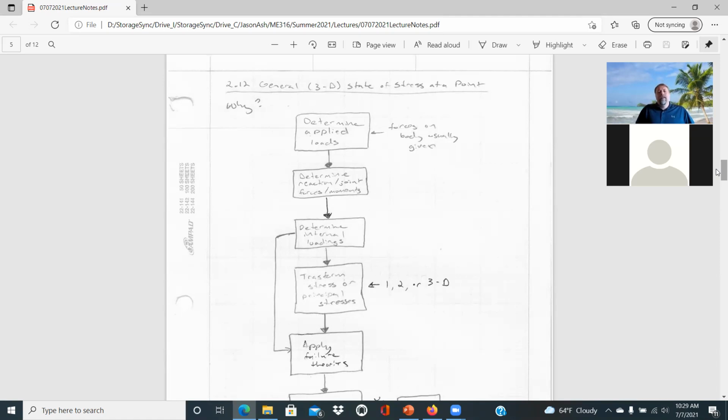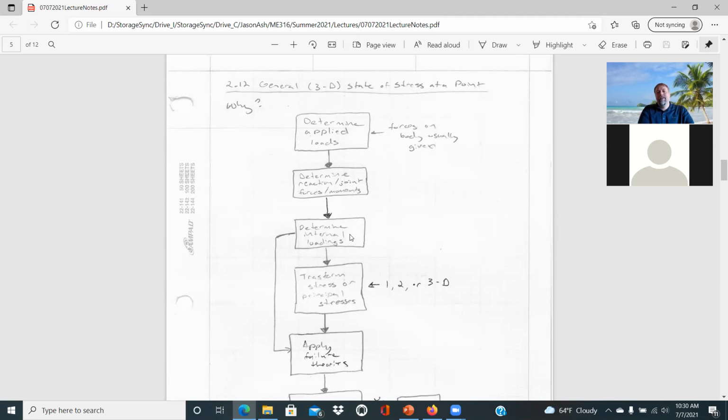But just looking at the whole concept of failure theories, that whole process, you typically are looking at determining your applied loads, just the forces on the body, what loading it is subjected to, determine your reaction forces, joint forces, moments, that type of thing.